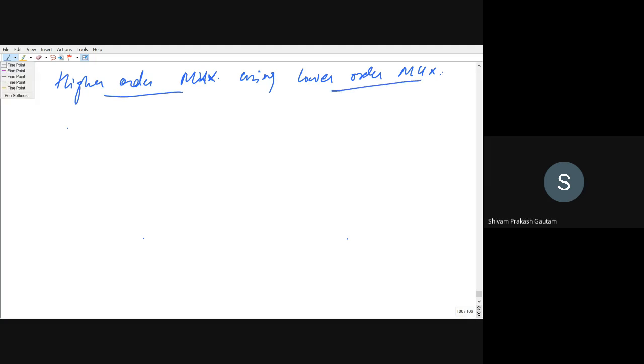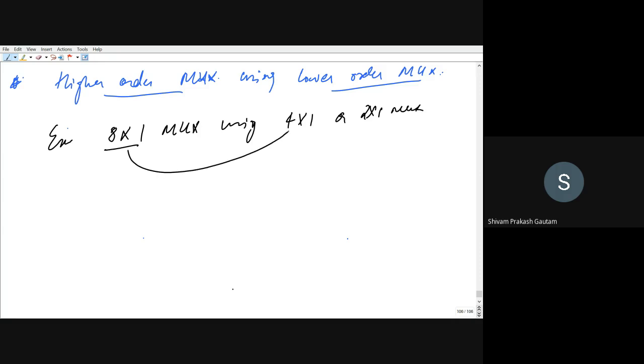We will be discussing that. For example, implement an 8x1 multiplexer using 4x1 multiplexers or 2x1 multiplexers. Either way, that we will be seeing.